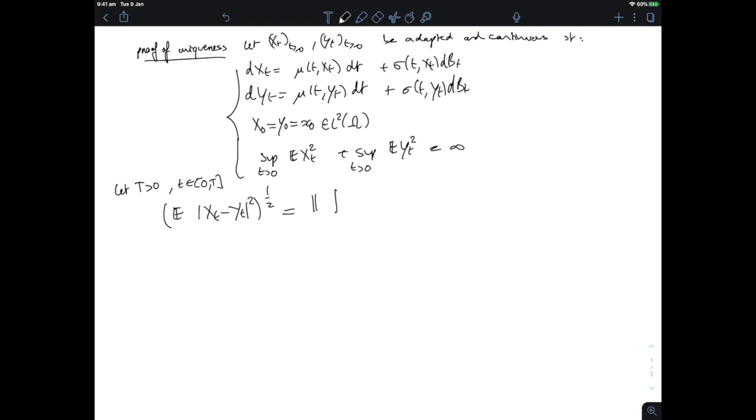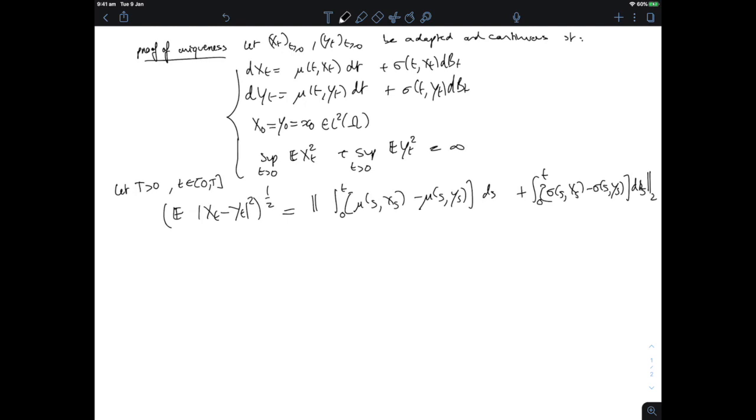the L2 norm of the integral from 0 to t of mu_s(Xs) minus mu_s(Ys) ds plus the integral from 0 to t of sigma_s(Xs) minus sigma_s(Ys) dBs, right? L2 norm of that.